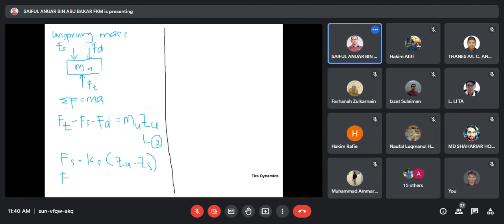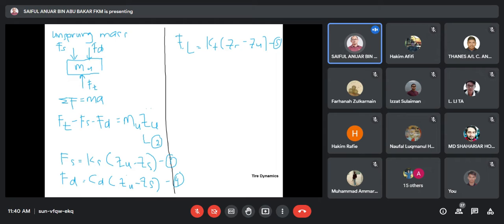FD, the damping force, is the damping coefficient multiplied by the relative velocity between the sprung mass and unsprung mass: ZU dot minus ZS dot. The tire force FT is the tire stiffness KT multiplied by ZR minus ZU. This is the fifth equation, this is the third, and this is the fourth.